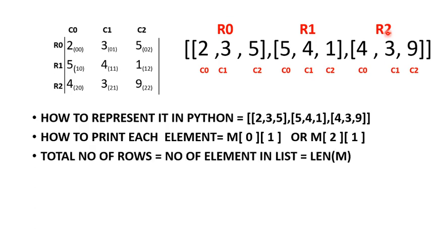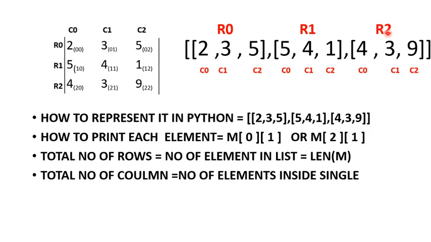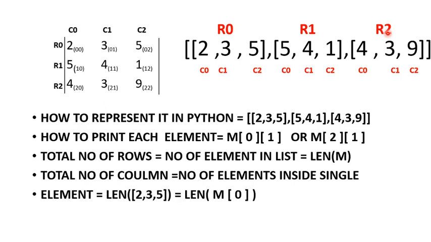Now we have already discussed that the total number of rows is the number of elements in a list, and how can we find it? By simply finding the length of the list. Now how can we find the number of columns? The number of columns is the number of elements inside a single element. This is an element, but this element contains sub elements also.